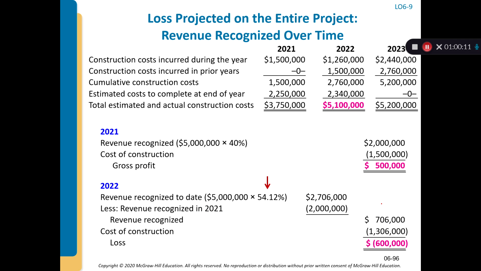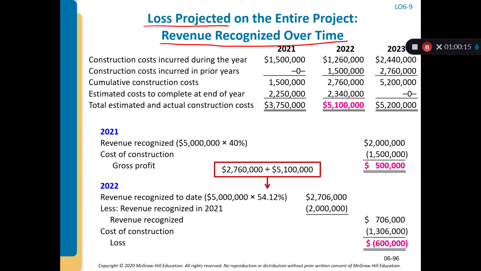Okay. So let's first look at how to recognize revenue of a loss project over the period. First of all, the revenue recognized for the first period is 500,000, which we already talked about. This number equals 1,500,000 divided by 3,750,000, multiplied by 5 million.